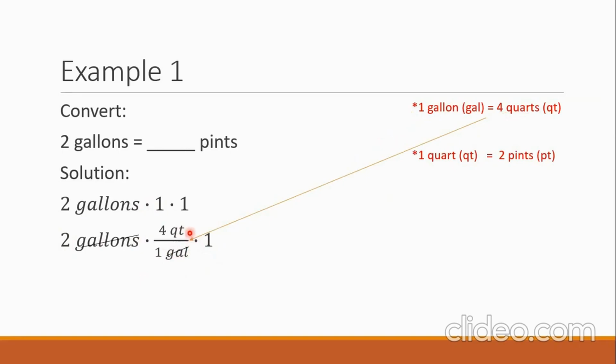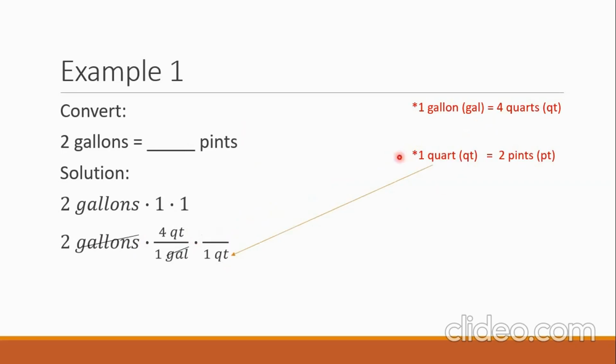So here I have the quart unit. So I want to remove the quart because I don't need this quart. What I want is pint or pints. So I'm going to use the second formula to replace this quantity 1 here.